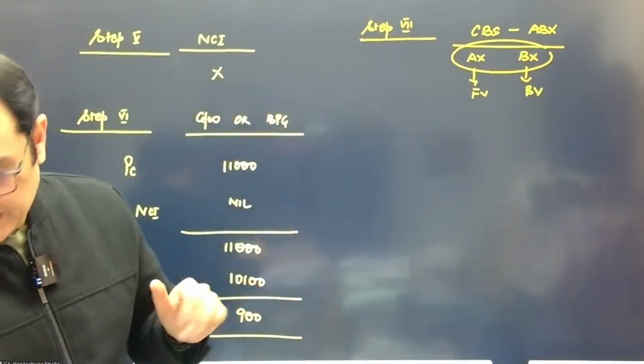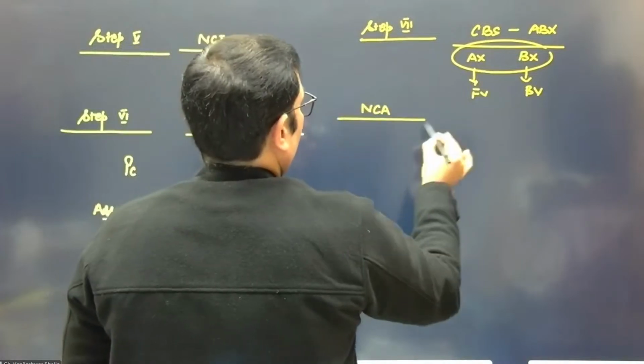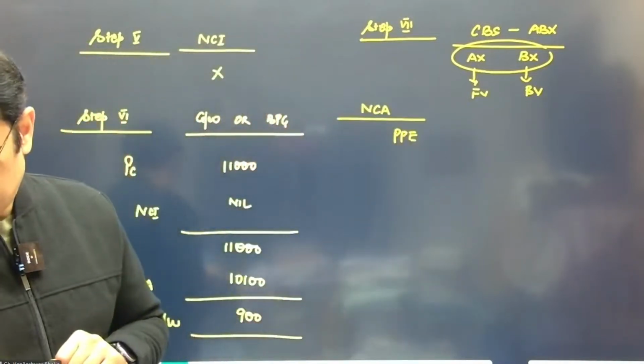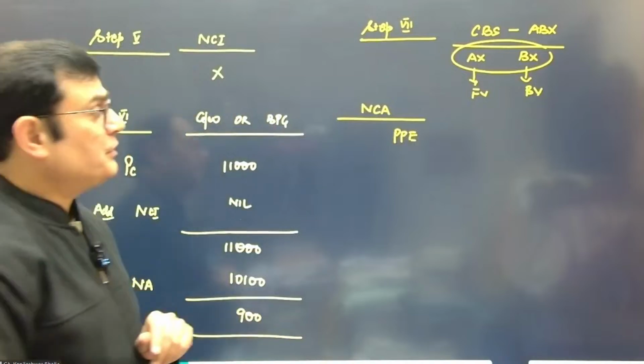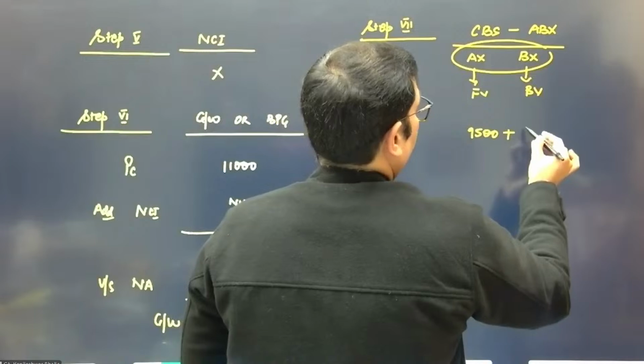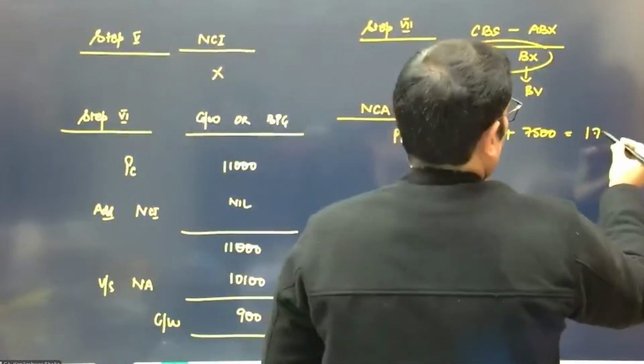Let me start with the asset side, non-current assets. We've got property, plant and equipment. AX had a fair value of 9,500 and BX is 7,500, so this comes to 17,000.